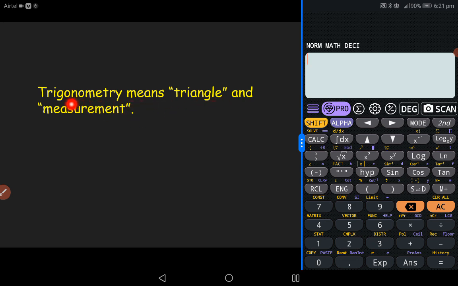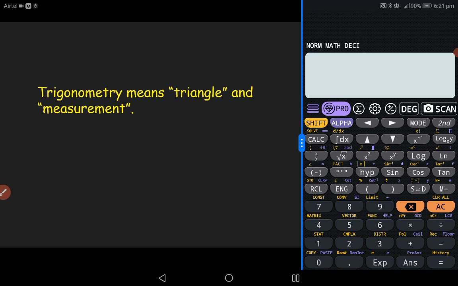So the term trigonometry means triangle and measurement. This is the measurement that concerns triangles. By this we are looking at the sides, the angles in it, and all that.